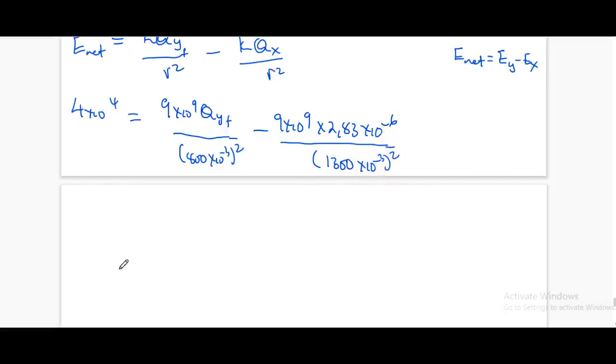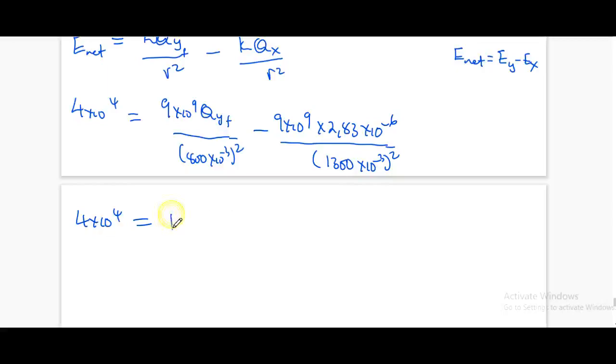Okay, so now here I have 4 times 10 to the power 4, and then 9 times 10 to the power 9 divided by 800 millimeters all squared.